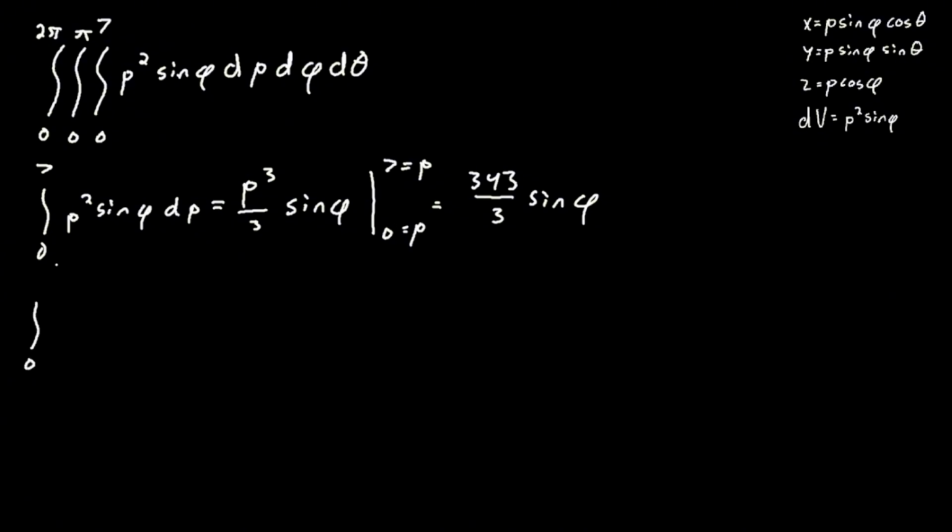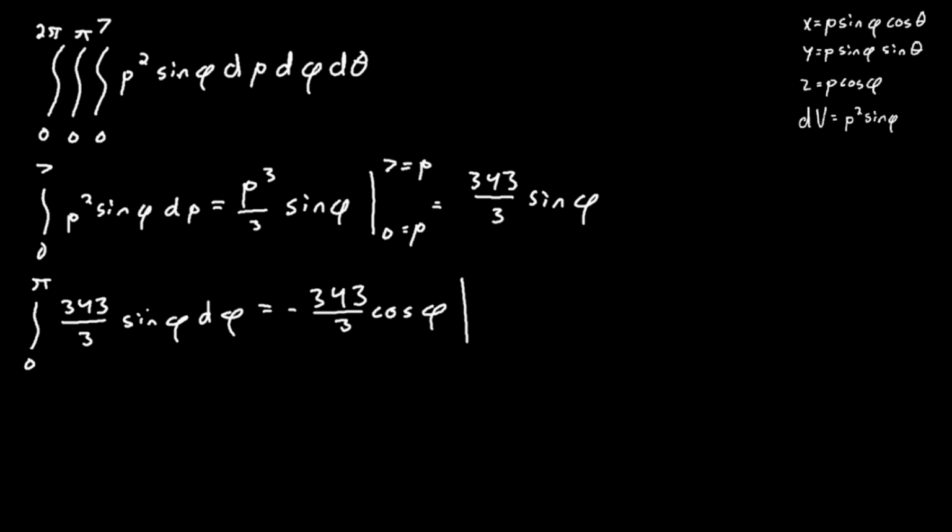Now we integrate with respect to phi. So we have 343 over 3 sine of phi d phi. This is just negative 343 over 3 cosine phi. So the integral of 343 over 3 sine of phi is equal to negative 343 over 3 cosine of phi.